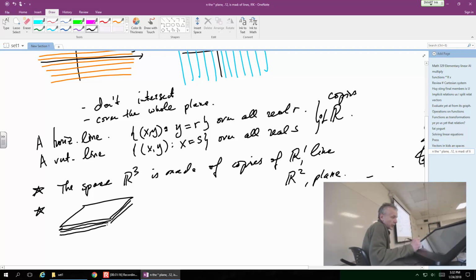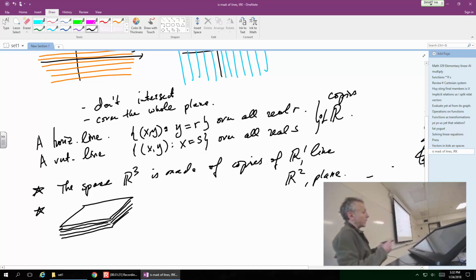So a bunch of vertical planes, horizontal planes. They will make up, it's like a book, right? It's made of pages. If we think of pages as planes, they're two-dimensional, but together they will make a three-dimensional book if you have enough of them. So that's what I'm talking about.